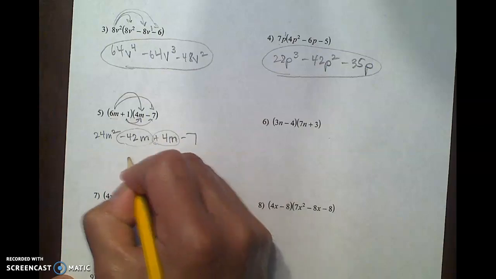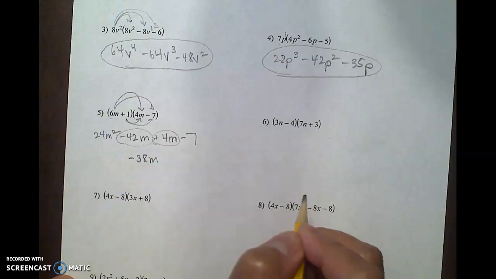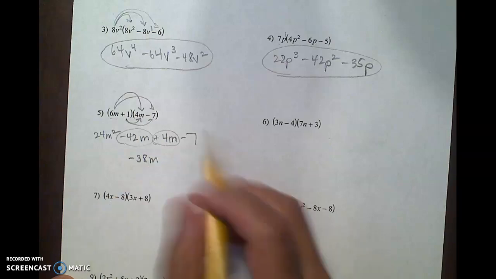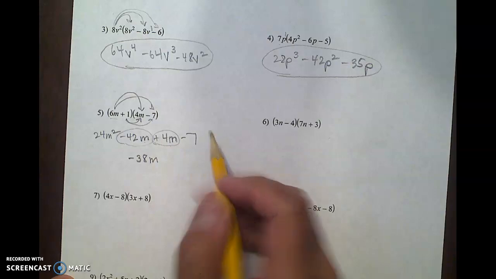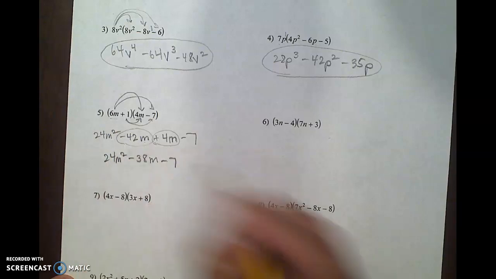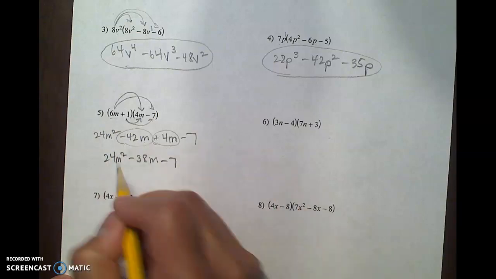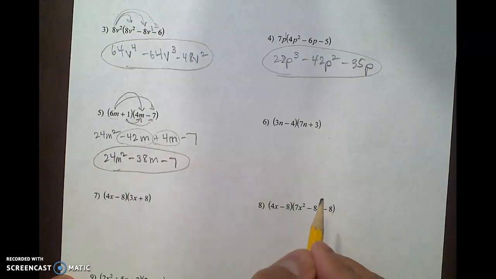Combine those together to get negative 38m. And we're combining those like terms because they have the same variable and same exponent combo. Alright, this 24m squared and this minus 7 do not get combined anywhere. So here's our final answer for that problem.